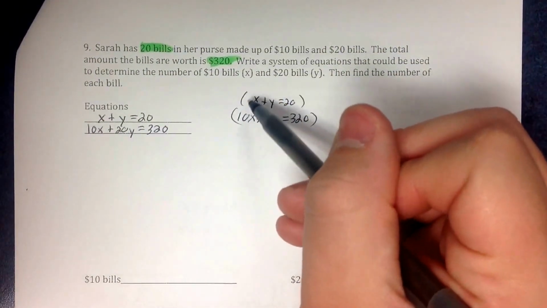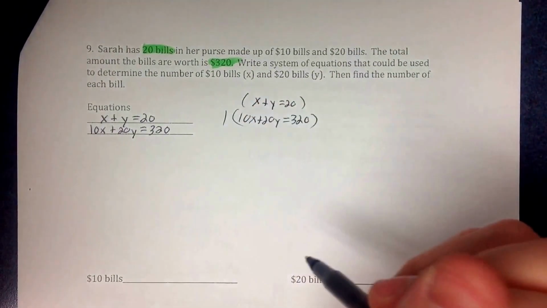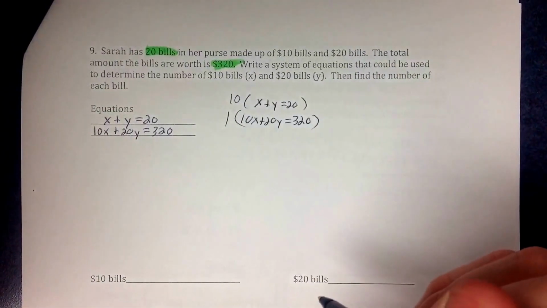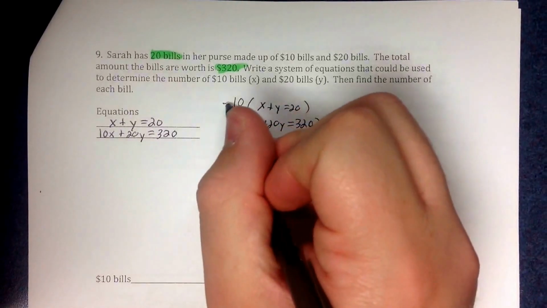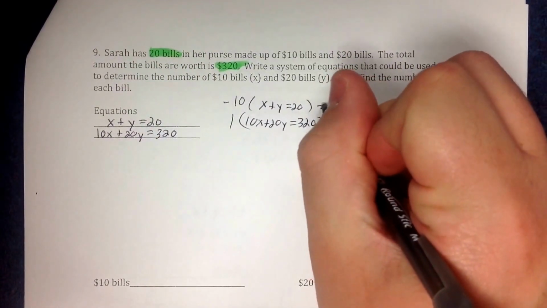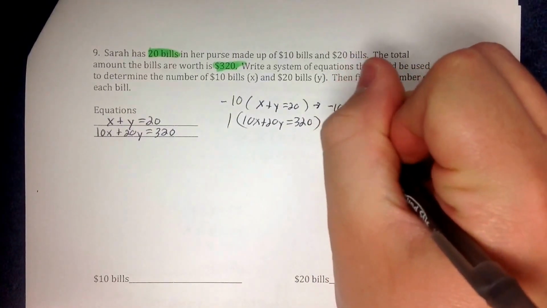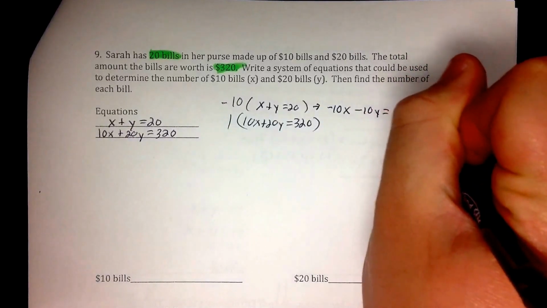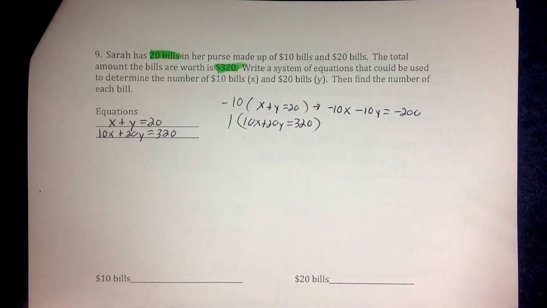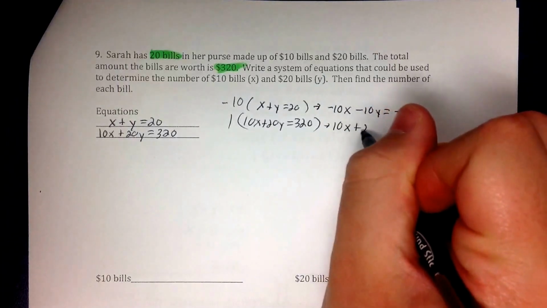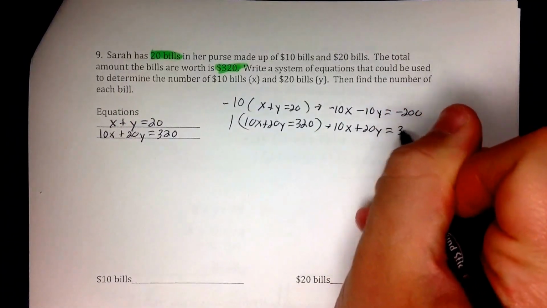Again, imaginary 1 in front of the x on top, so it's going to go on bottom. 10 in front of the x on bottom, it's going to go on top. And we'll make the 10 negative. So I'm going to multiply everything on top by negative 10, so I have negative 10x minus 10y equals negative 200. Then on bottom, everything times 1 again, nothing's going to change, so 10x plus 20y equals 320.